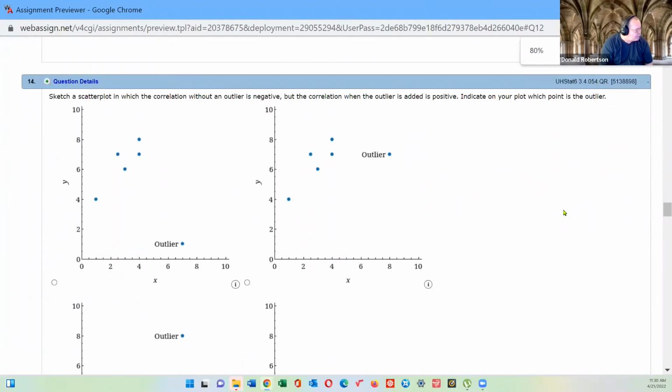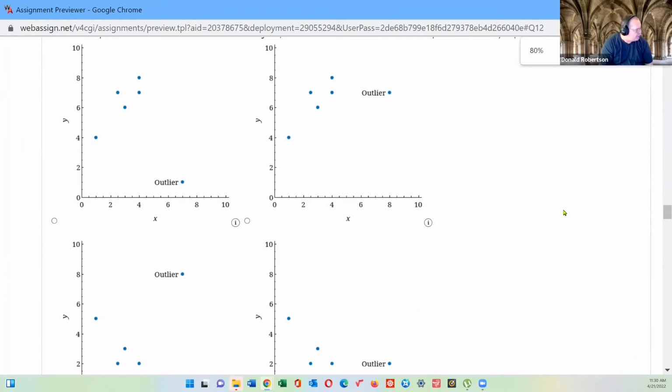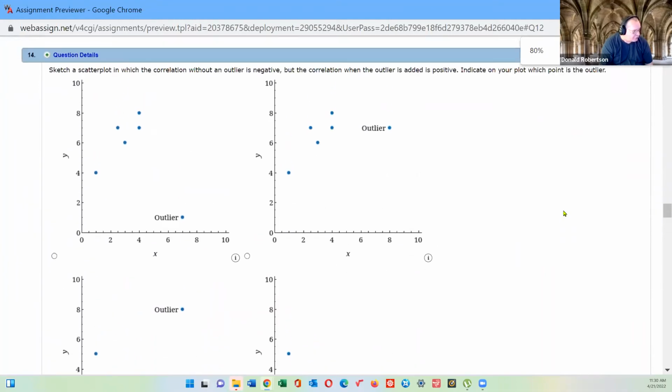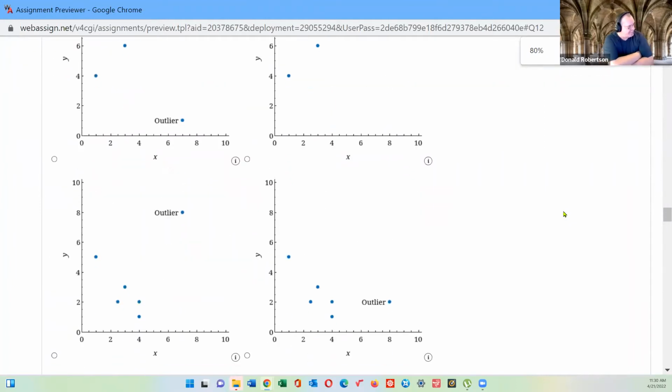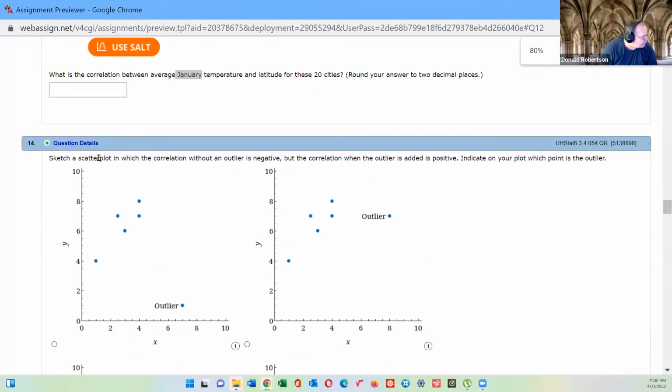It's a little bit of an awkwardness, so let's start at the beginning. If you don't use the outlier, it's negative.